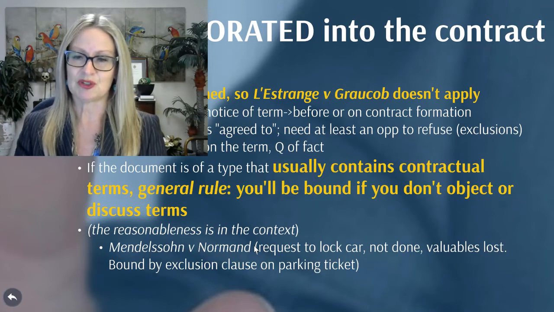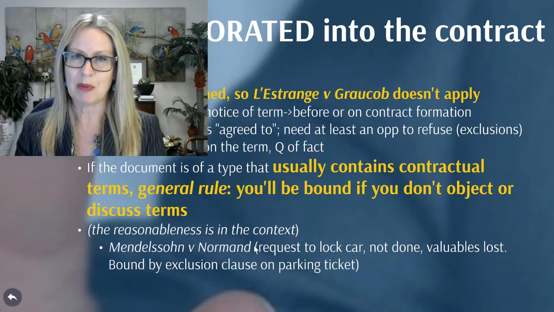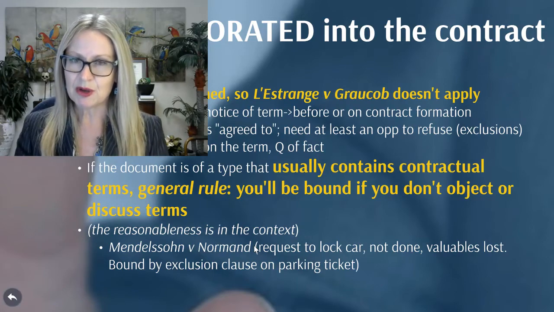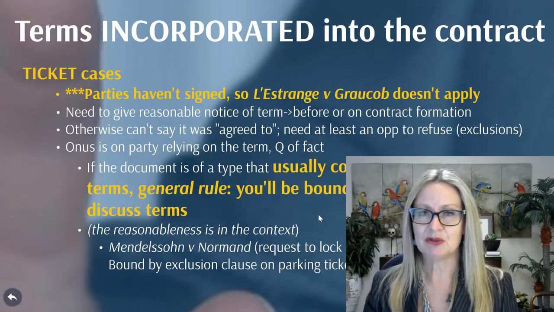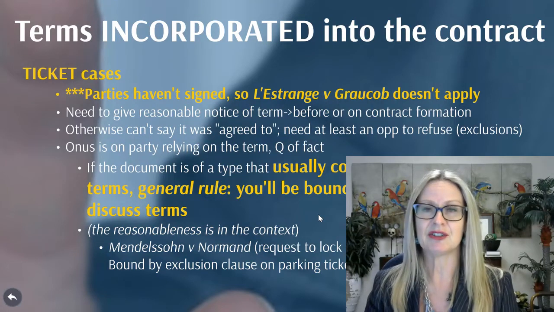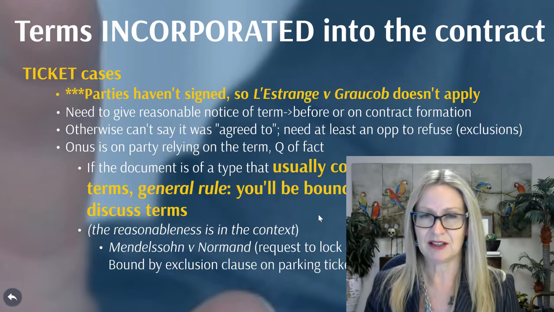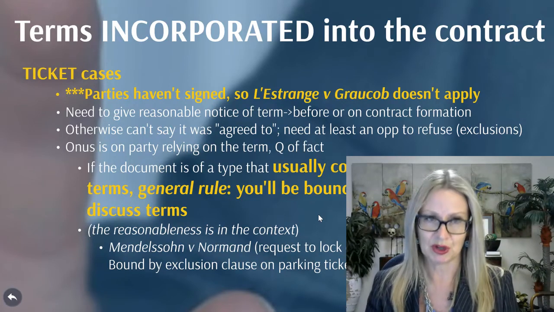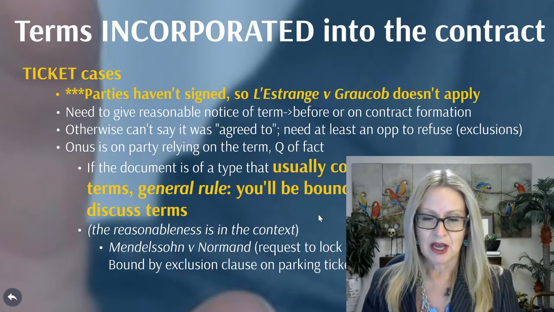The valuables got stolen. The issue there was that they were bound by the exclusion clause on the parking ticket because no objection was made. The ticket was of a kind of document that normally contained contract provisions, and because that was the case, the exclusion clause was in the contract and governed the bargain between the parties.